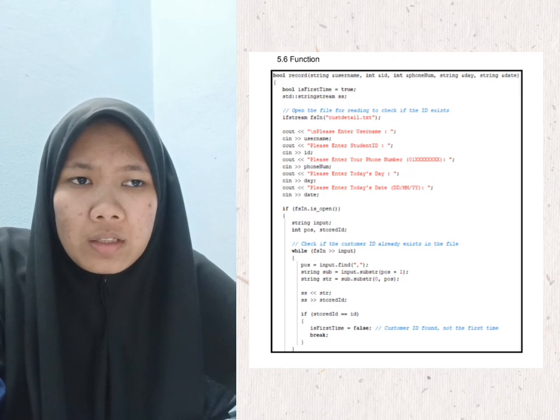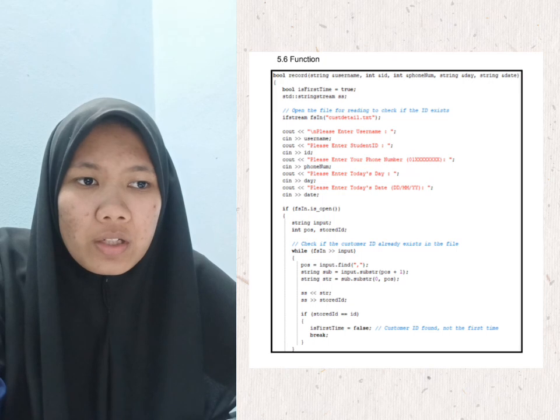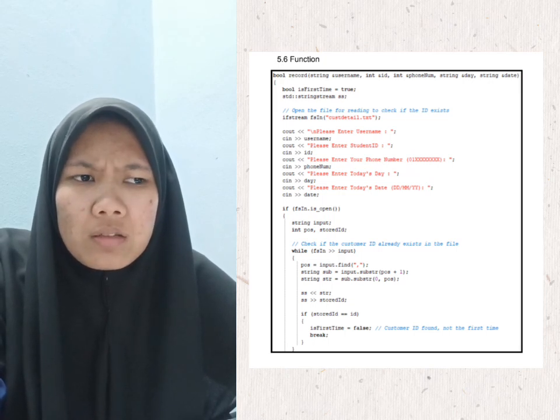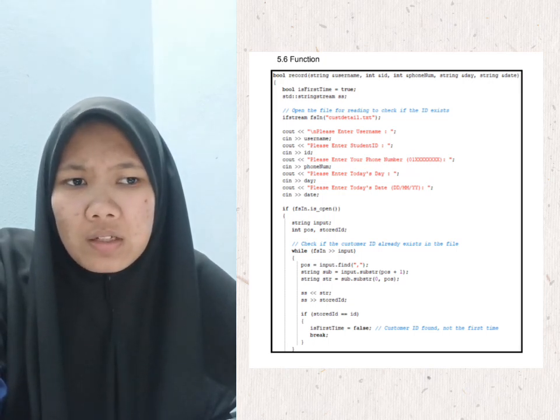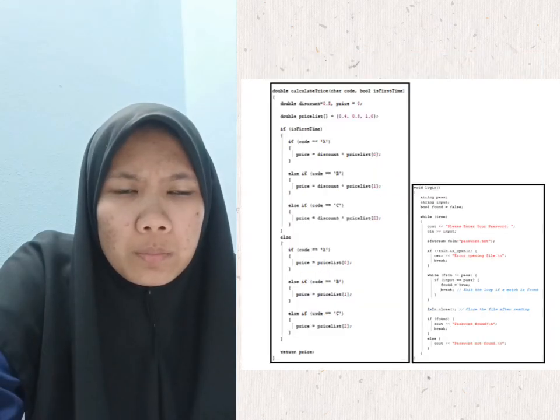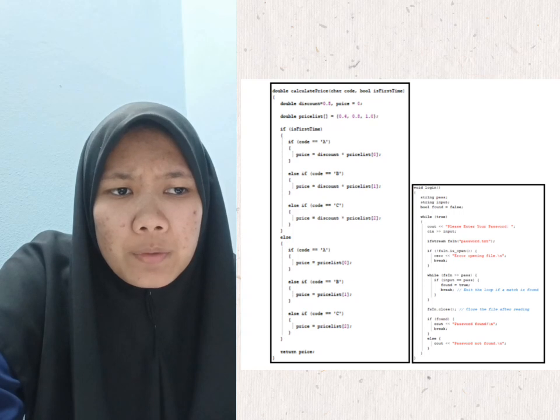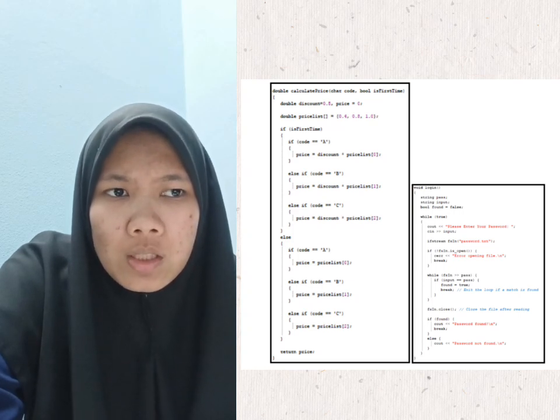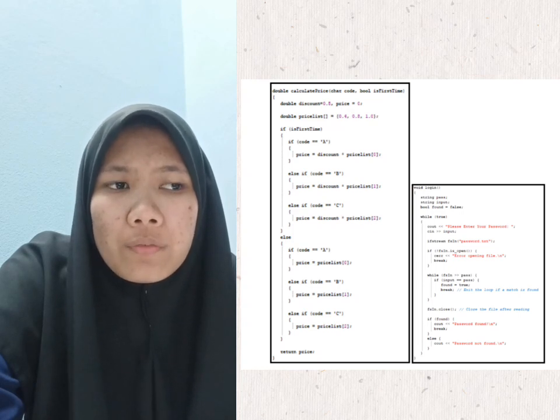And then third, the calculatePrice function. This function calculates the price based on the entered code and whether it is the customer's first time. It uses an array of price values. Then the main function, which controls the overall flow of the program.